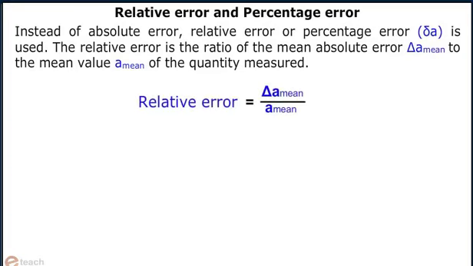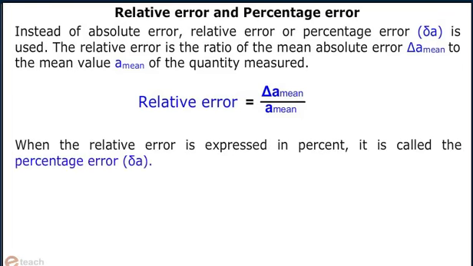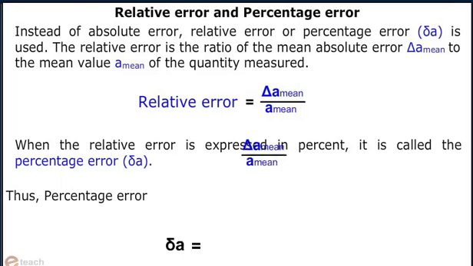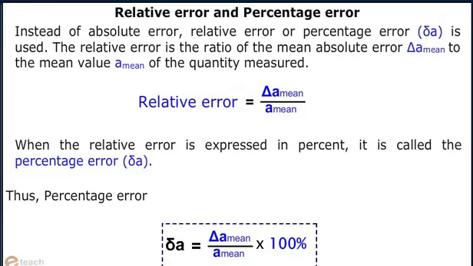Therefore, relative error equals delta a mean divided by a mean. When the relative error is expressed in percent, it is called the percentage error. Thus, percentage error equals delta a mean by a mean into 100%.